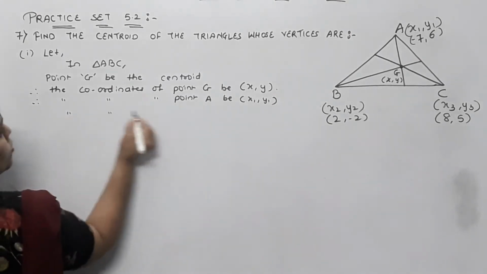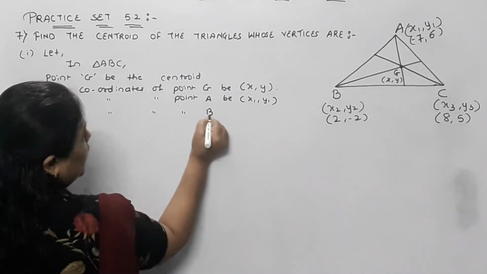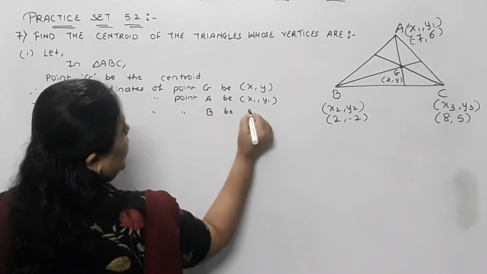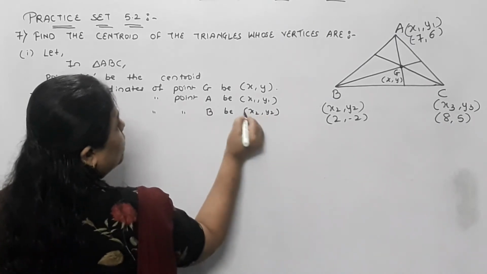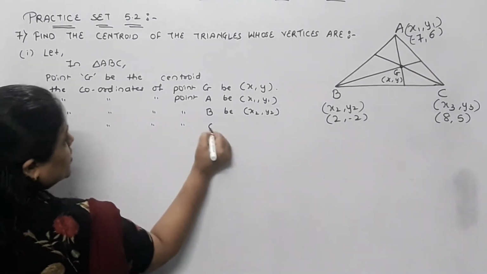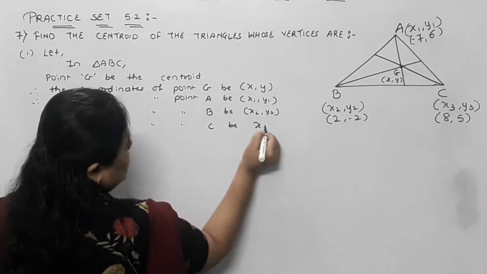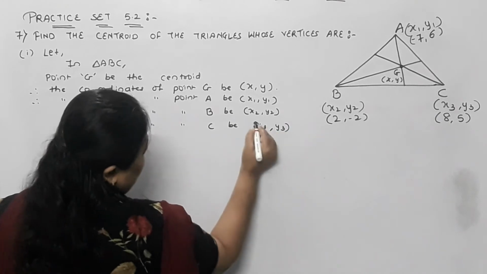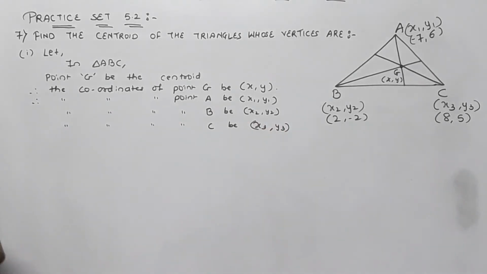The coordinates of point B be x2, y2. And the coordinates of point C be x3, y3. Okay. So, once we have done with this, we can apply the formula.